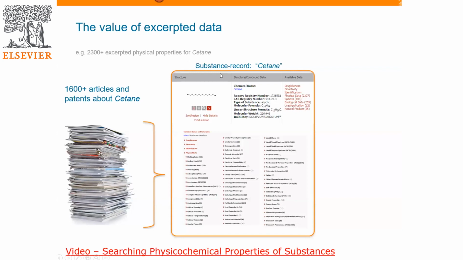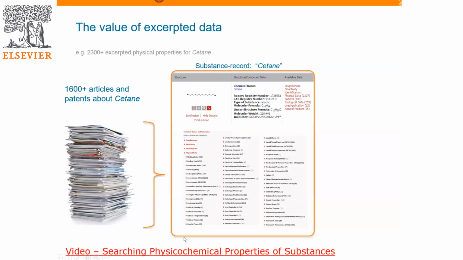As you see here, 2,300, and all of this information was collected from more than 1,600 articles. So you can imagine how much time researchers would need to spend to understand everything about the molecule and get access to this detailed knowledge if they didn't have access to Reaxys.